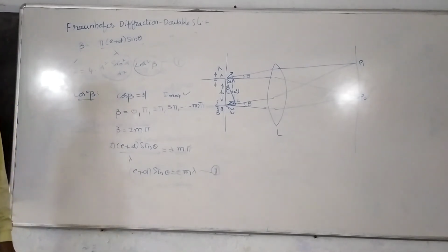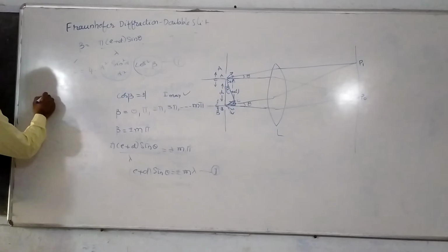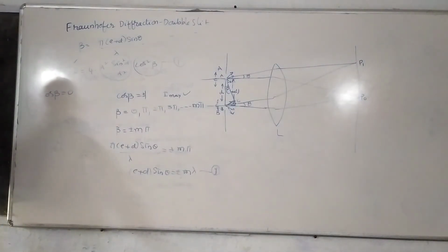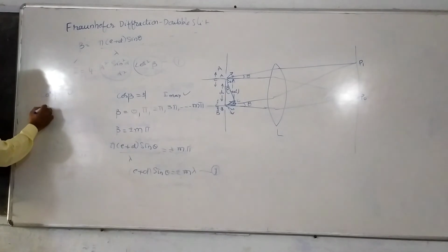Minimum intensity is required, which means cos beta is equal to 0. Cos beta is 0 means intensity is 0. Now cos beta is equal to 0. What are the values of beta?